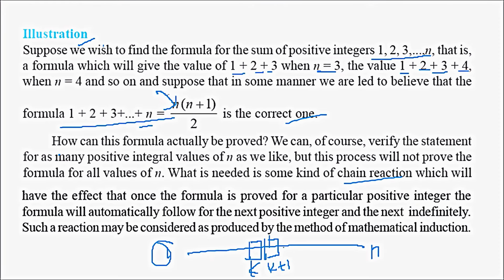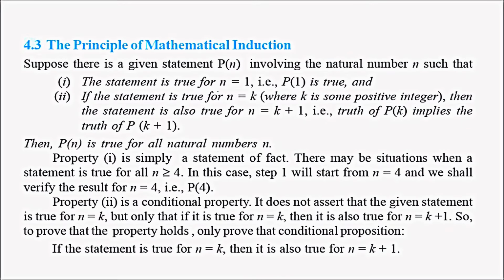So for every k plus 1 it will be true for k plus 2, and likewise. So there will be an induction effect. You start with 1 and you reach n. So this is the principle of mathematical induction, which we are going to see formally now.